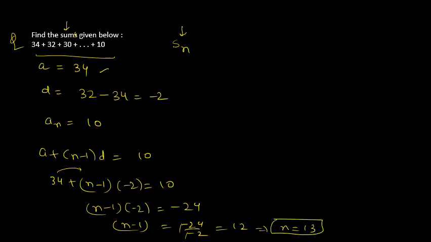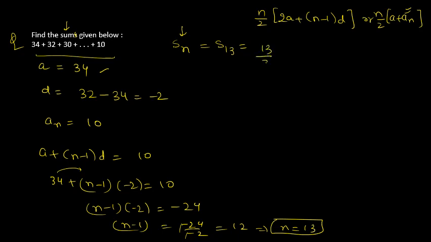If the number of terms is 13, Sn, that is S13, can be found using the formula. Either you can use n by 2, 2a plus (n minus 1) into d, or you can use n by 2, a plus an. Both are the same formula. You already have an, right? So you can directly apply 13 by 2. What is a? 34.